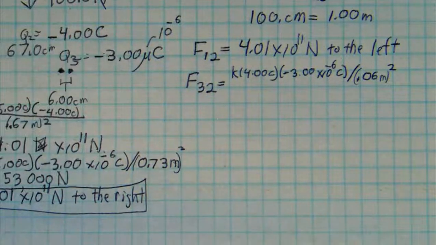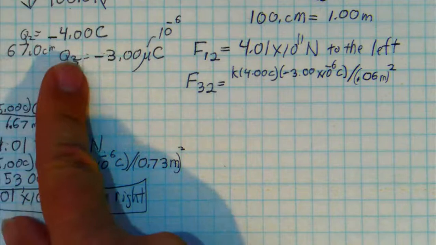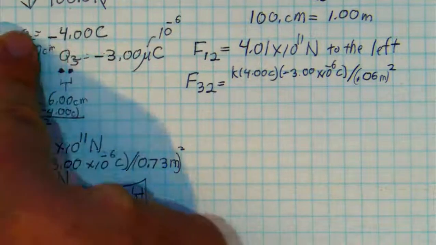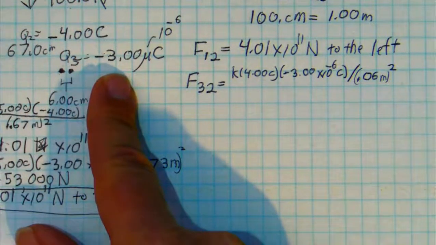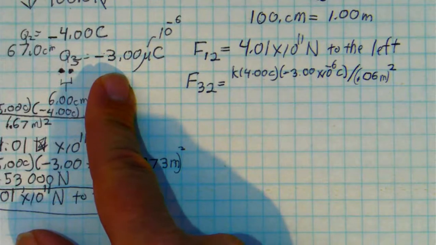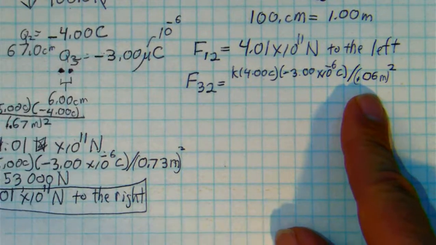So this is going to tremendously increase the force between Q3 and Q2 relative to the force between Q3 and Q1. All right, so I power up my calculator and I go, what is K times 4? I see I have 2 negatives, so I'm not even going to bother saying it. Times 4 times 3 times 10 to the negative 6th power divided by 0.06 squared. Beep, beep, beep.